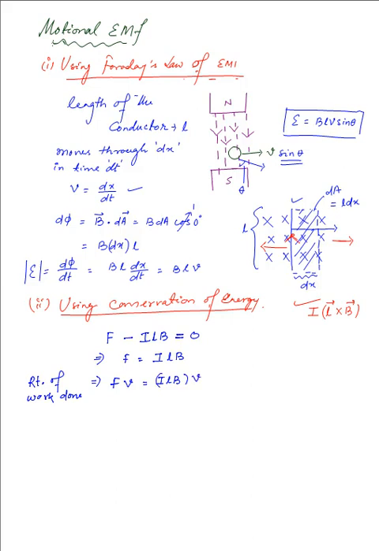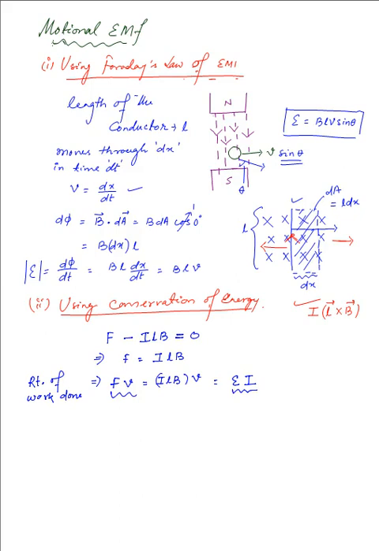And with that available to us, this rate of work done, that is the power that has been employed as per the conservation of energy, has to be equal to the EMF induced multiplied to the current, which is the power that has been generated. So this power that has been employed in the circuit, in the production of EMF, has to be completely converted to the electrical power that is generated in the circuit due to the induced EMF.